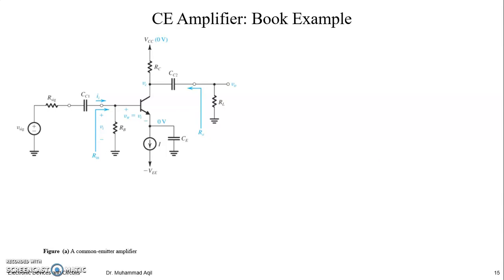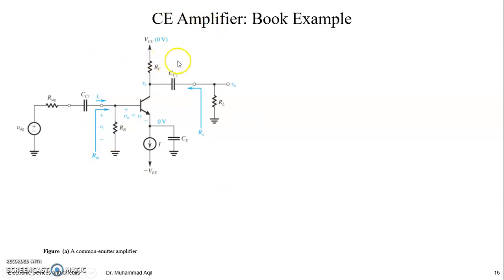A little discussion about the common emitter amplifier circuit discussed in the book, right? Please don't be confused when you see this circuit in your book. In your book, in the discrete BJT amplifiers, you would be having the common emitter amplifier with RE and others.